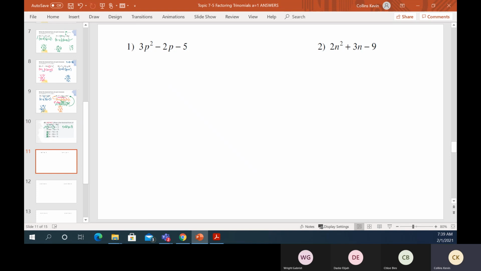What's the strange thing about the first one? So how does this look different than what we've been doing? Not so much the 2.